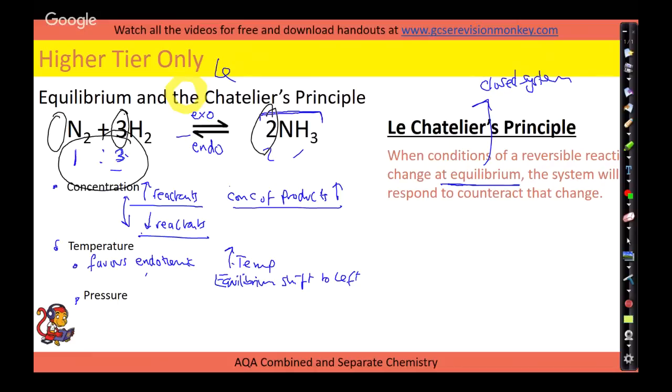So in this case here, we've got this being favoured because of this side we've got 4 molecules or 4 moles compared to 2 moles on this side. So in this case, if you increase the pressure, you will increase the forward direction. So you'll get an equilibrium shift to the right.